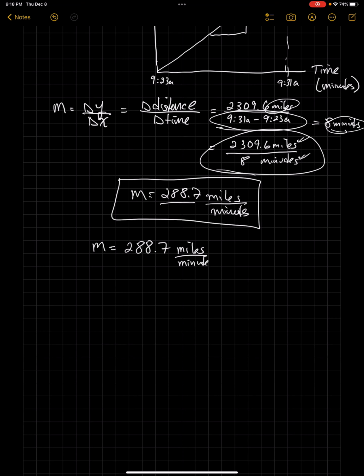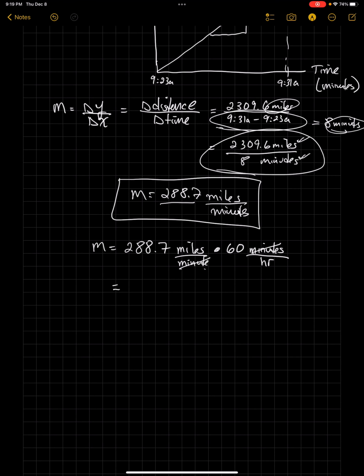So I multiply this 288.7 times the number of minutes in an hour. We all know there are 60 minutes in an hour. Now look what happens to my units. I have minute in the denominator and minute in the numerator. So my minutes cancel, and my end result will be units of miles per hour.